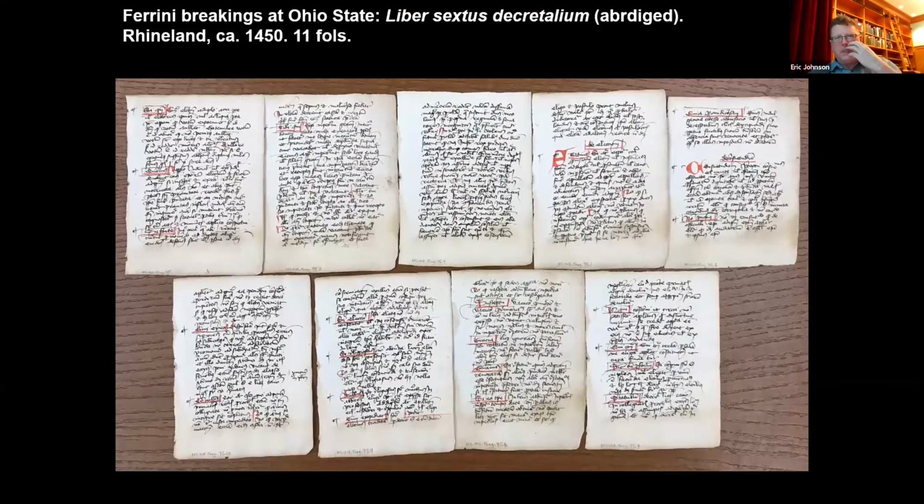We've got about a dozen folios of this legal manuscript. While this does not compare in terms of illumination and things like that to something like the Hornby Cockerell Bible, Ferrini's breaking of this is also exceptionally tragic, in my opinion, because this is an abridgment of one of the key canon law texts of the Middle Ages. And likely, it's a very small format thing.